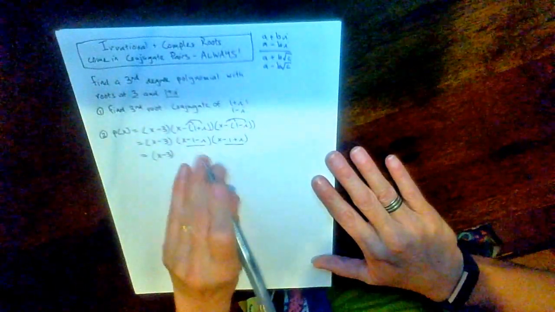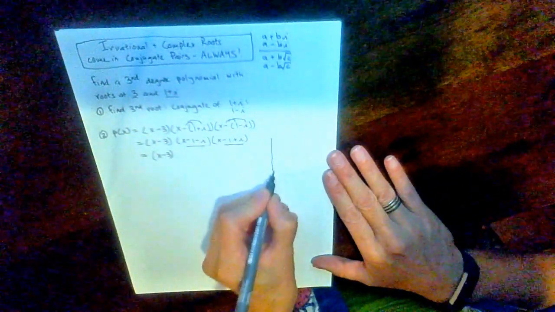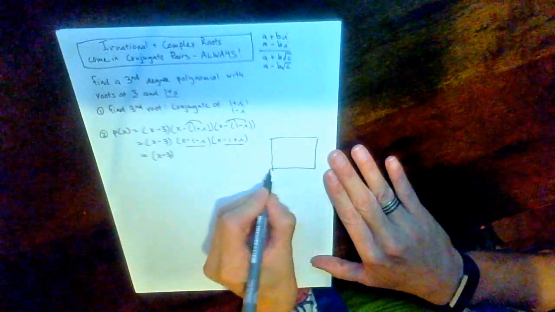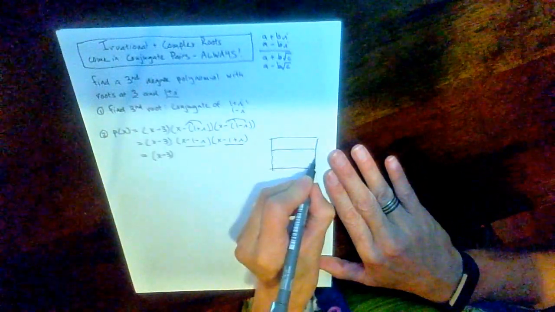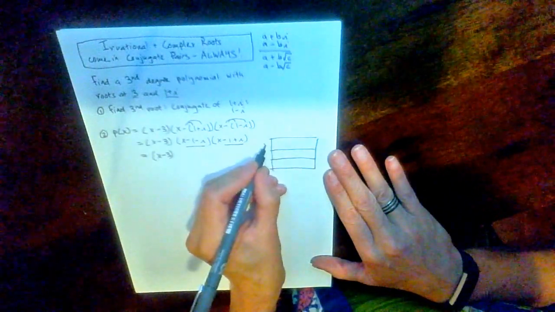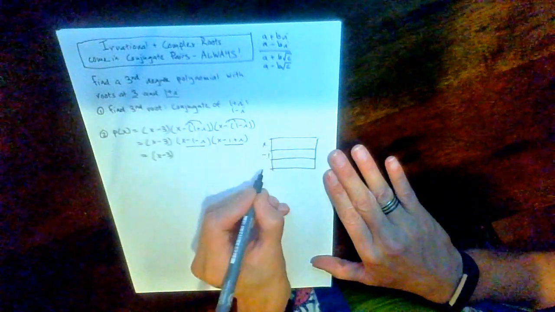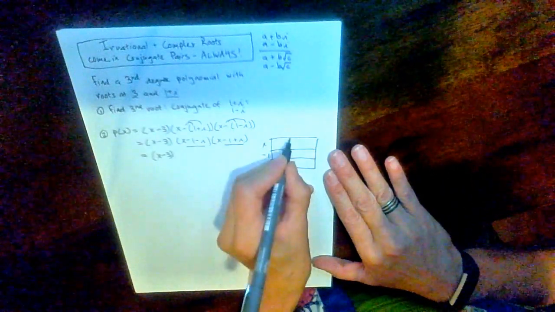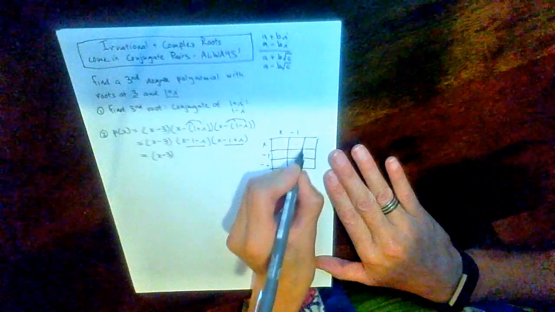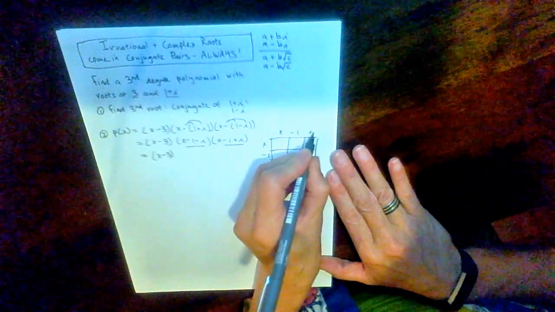Now it's a 3 term by 3 term, so this time I'm going to do it the long way. So 3, divide my rectangle into 3. That's x minus 1 minus i times x minus 1 plus i.